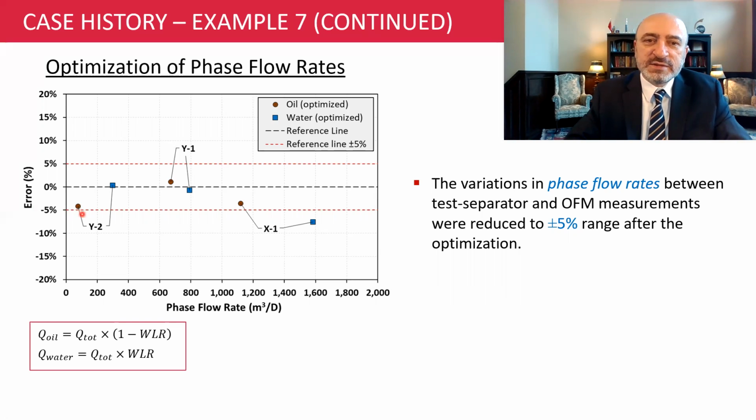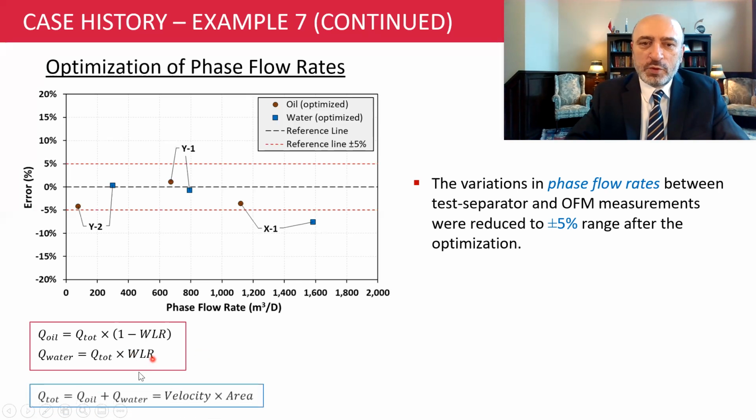The phase flow rates are calculated using these equations here. So the phase flow rates have two terms mainly. One of them is the Q total, the total flow rate, and also we have a phase fraction function. For oil, it is 1 minus water cut, and for water, it is the water cut itself.